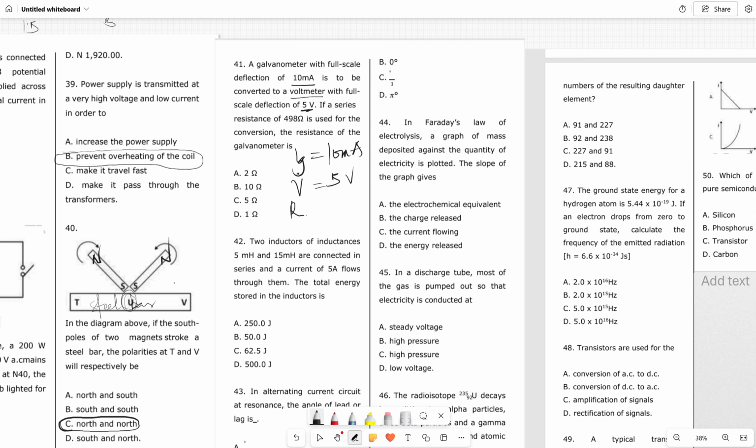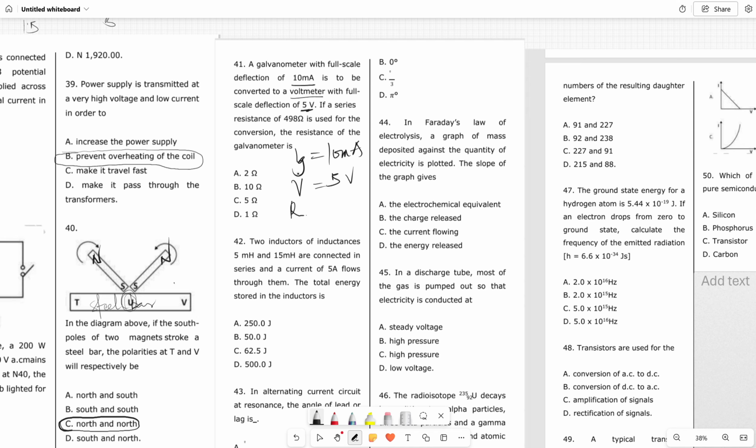As far as galvanometer conversion is concerned, we have shunt and we also have multipliers. You also need to know how they are connected. A shunt is connected in parallel, and it's used when you want to convert a low current range to a high current range, because a shunt is a low resistance wire connected in parallel.